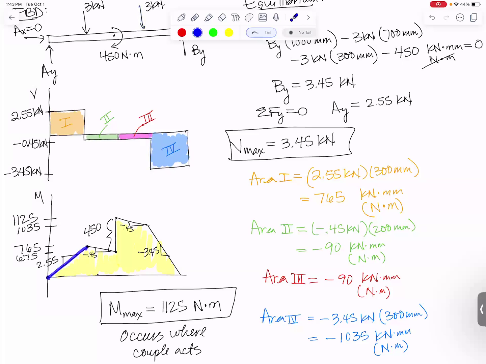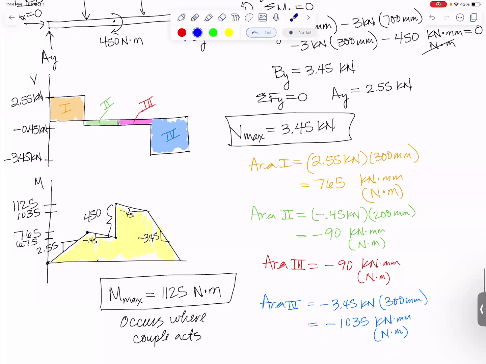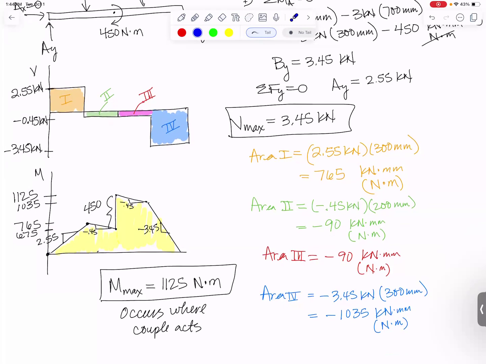Otherwise, we're grabbing the slopes of these, slope of that one from the orange curve, slope of that one slightly negative from the green, slope of that one slightly negative from the pink, and slope of that one big and negative from the blue. And then we found all of these intermediate values of how high is the moment going between these 2 points by finding the 4 areas, area 1, 2, 3, and 4. And that concludes today's lesson on shear force and bending moment diagrams.